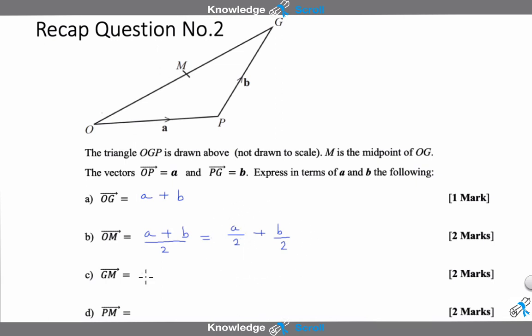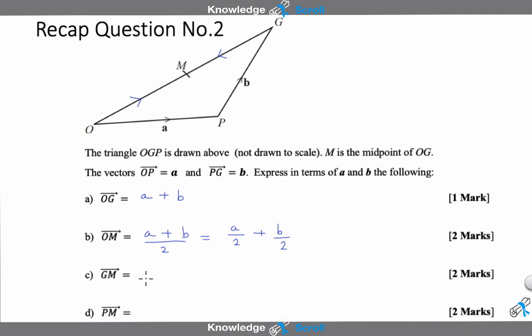Now in part C, we're asked to find the vector GM. And to do this, we have to use a bit of logic. In the previous question, we calculated the vector OM, and that was going in this direction. Now GM will be the vector starting at G, going to M. And remember, M was the midpoint. Therefore, G to M should be the same vector as it was from O to M, but in the opposite direction.